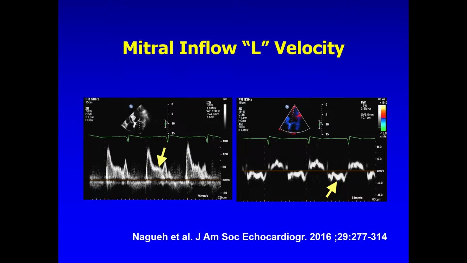If you have an L velocity that is 50 centimeters per second or above, that's another indicator of impaired relaxation with elevated LAP. 20 centimeters per second or less can be seen in normal hearts, usually in the setting of slower heart rates. You can also notice it sometimes in the tissue Doppler signal. But we rely on the mitral inflow, not the tissue Doppler signal.